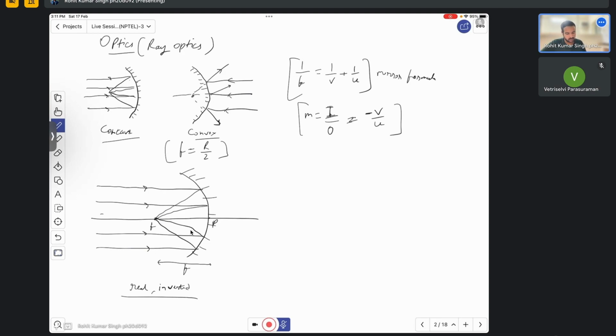But in the case of the convex mirror, this side is silvered.